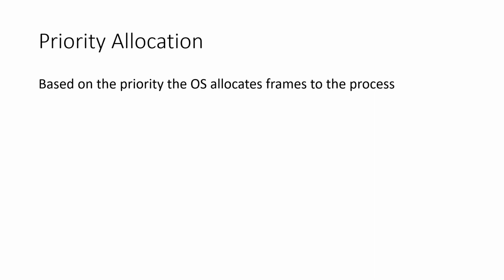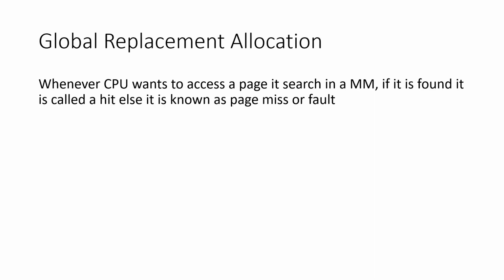Okay. Next we'll see global replacement allocation. So whenever the CPU wants to access a page, it searches in the main memory. If it is found, it is called a page hit, else it is known as a page fault or page miss. So in case of a page fault, the OS loads the page from the secondary memory to main memory, that we have already seen.